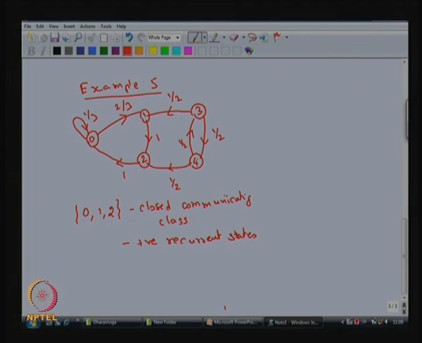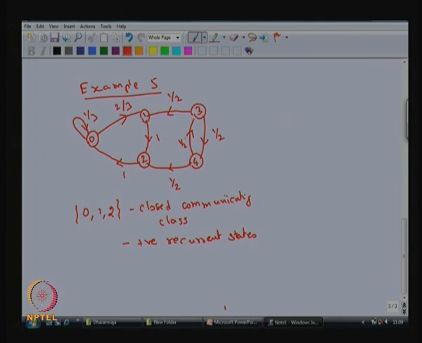Whereas for states 3 and 4, if the system starts from state 3 or 4, it has a loop structure, but with some probability it can go to state 2, or it can go to state 1 via state 3 or via state 4 accordingly. Then the system does not come back to state 3 or 4.